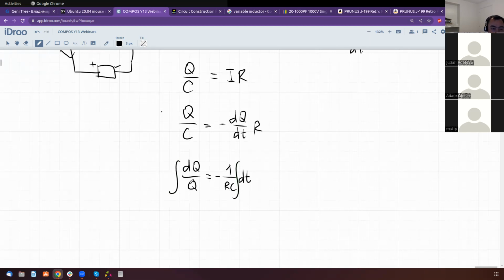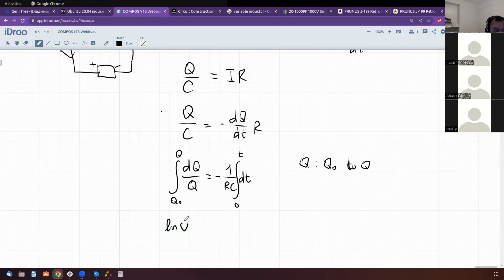So Q changes from Q0 to Q final. Well, let's not do Q final. Q final is just Q. And time changes from 0 to t. The integral of dq over q is logarithm q.